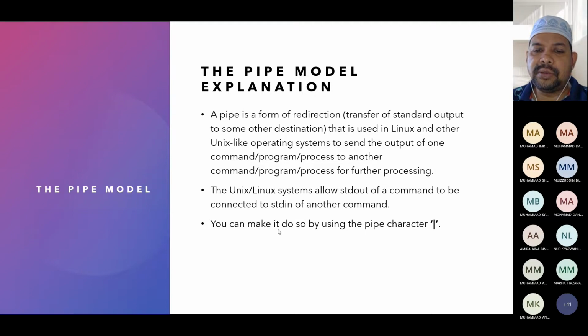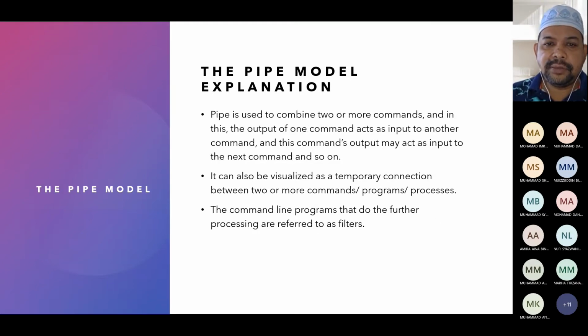So you can make it do so by using the pipe character, yang tanda tadi kan. Kalau dekat keyboard kamu dekat atas backspace kan, backslash, shift backslash kan dapat pipe. Kalau dekat keyboard saya lah, dekat keyboard kamu mungkin tak sama kan. Dengar kan? Dengar.